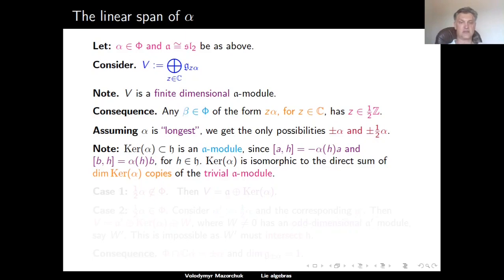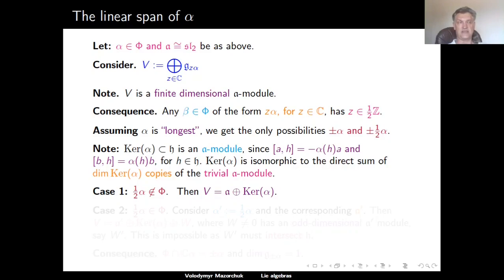So let's consider 2 cases. We again assume that alpha is the longest root. Case 1, that 1/2 of alpha is not a root. This means that the only roots which are scalar multiples of alpha are plus and minus alpha. In this case, we deduce that our module V must be the direct sum of the adjoint representation of A with the kernel of alpha. This is because under this assumption, all weights of the module V are integer multiples of alpha.